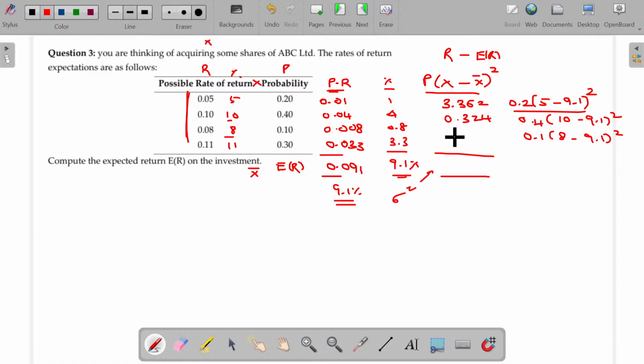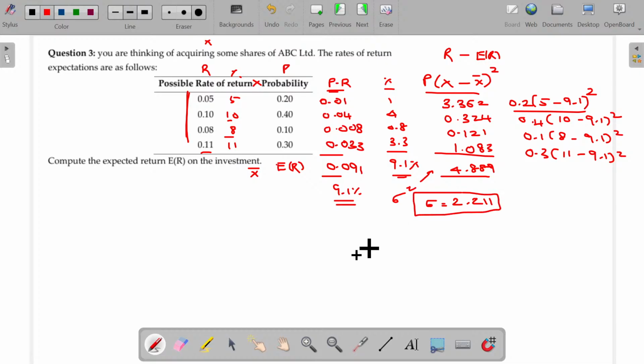Hope this value being 0.121. Finally, 0.3 into 11 percentage minus 9.1 to the power 2. Hope the value being 1.083. Variance being 4.889 and standard deviation being 2.211. This is the standard deviation.